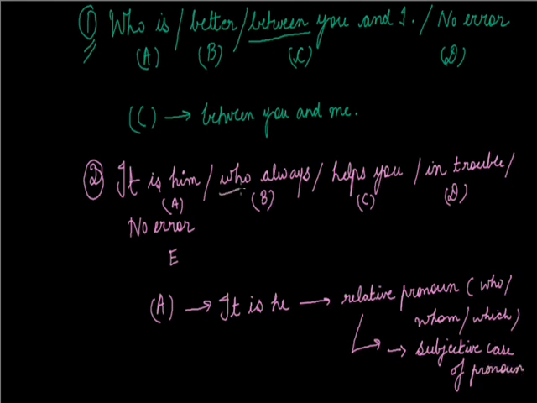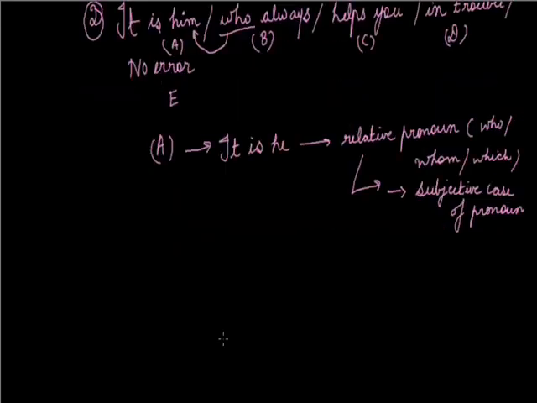Here who is the relative pronoun, and before this relative pronoun who, there has been given him. It should be he, that means the subjective case. Here it is given in an objective case. That is not right. This who must be preceded by he, that is the subjective case. You must have understood. Let's move ahead to the next question.